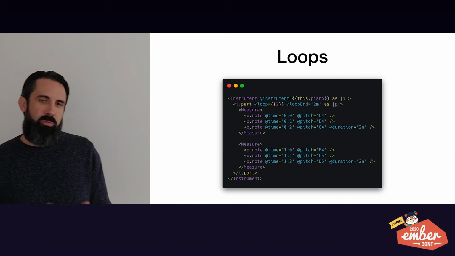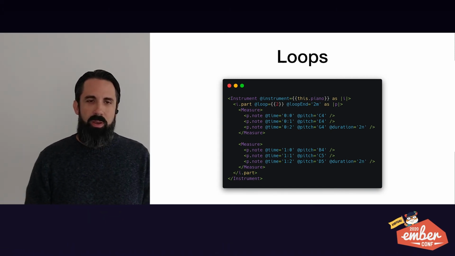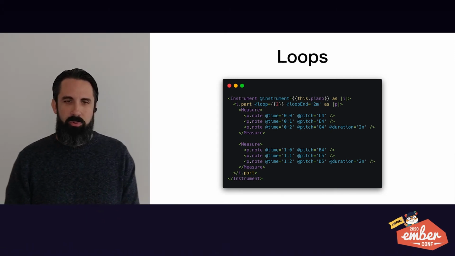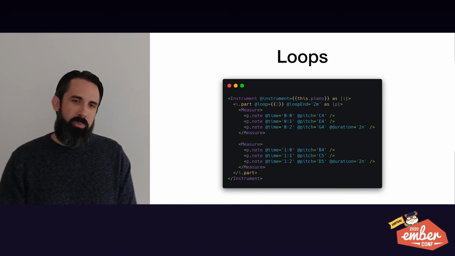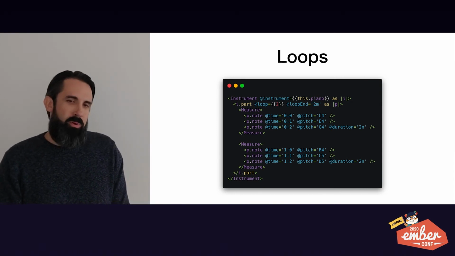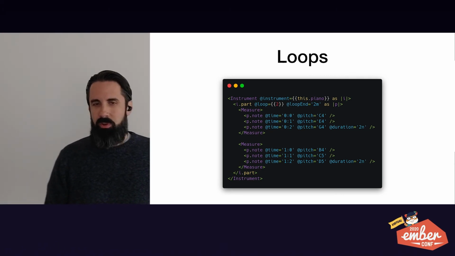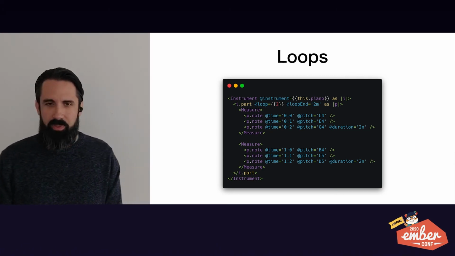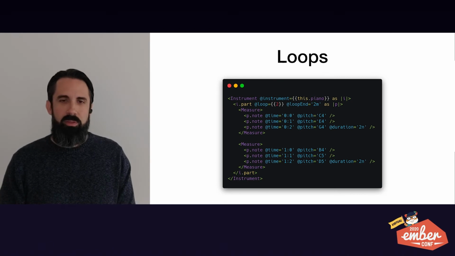All right, let's talk about loops. A loop is just a repeat. Parts are responsible for loops. To specify a loop, you pass the loop argument and specify how many times to loop. But you also need to specify loop end, which is how long to go before you loop.